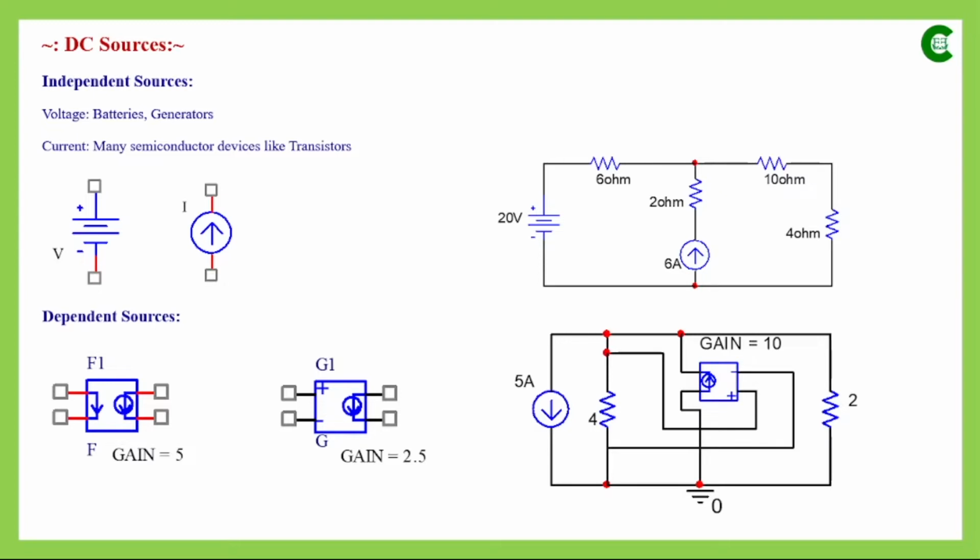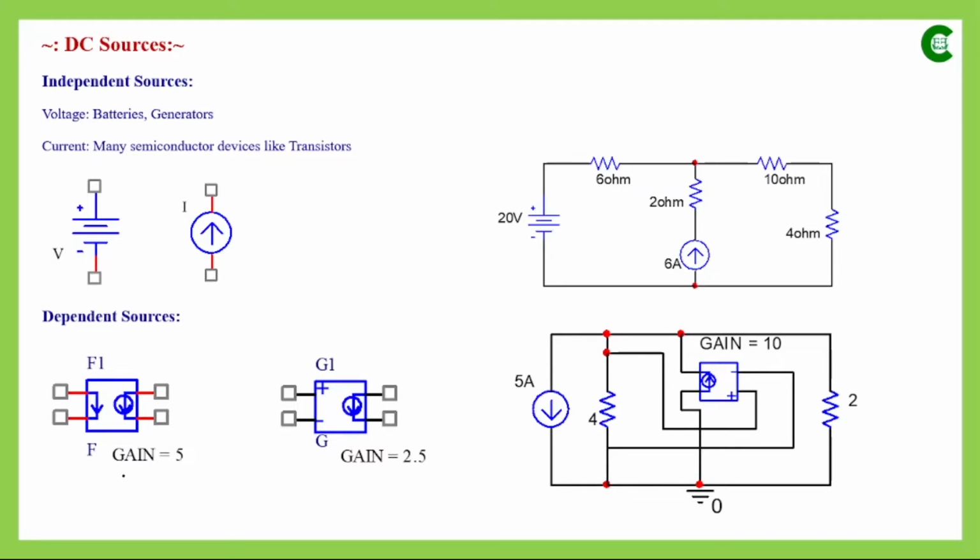Depending on that, dependent sources can be classified into 4 classes. One is the voltage dependent voltage source, where the voltage value of that source depends on the voltage drop across some other element in the same network. The next type is the current dependent voltage source, where the value of that voltage source depends on the current that flows through some other element in that network.